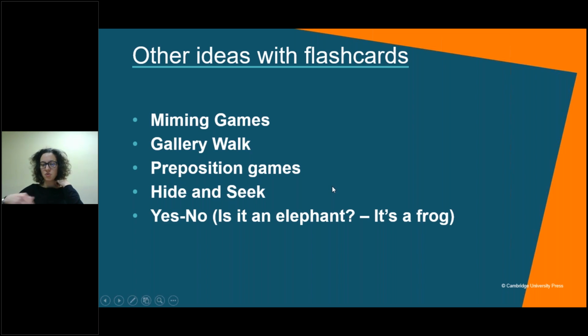If you need to drill a structure, you can give each student a card with some word, and you drill the word and the structures at the same time. So I've got a flashcard.